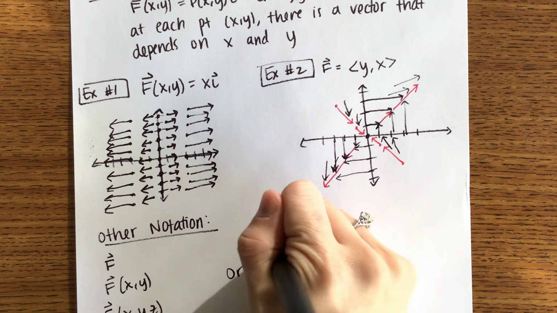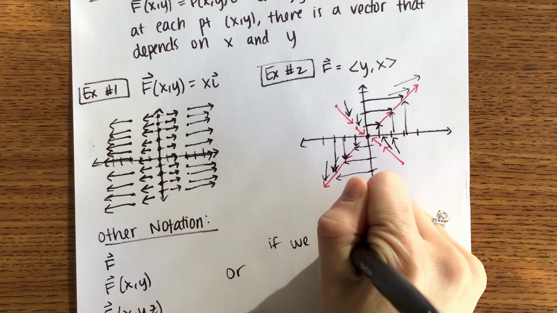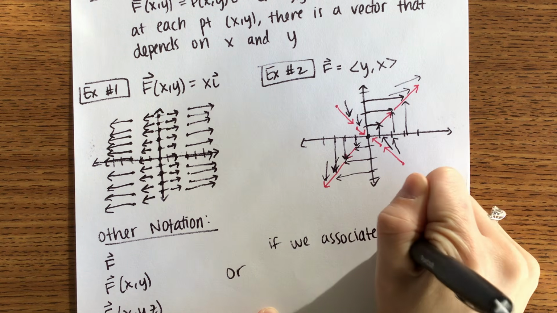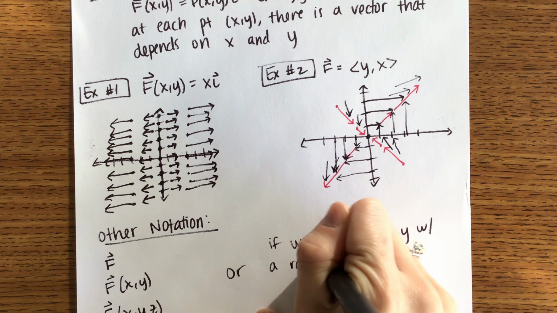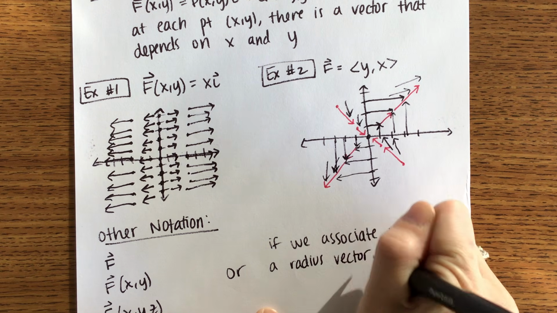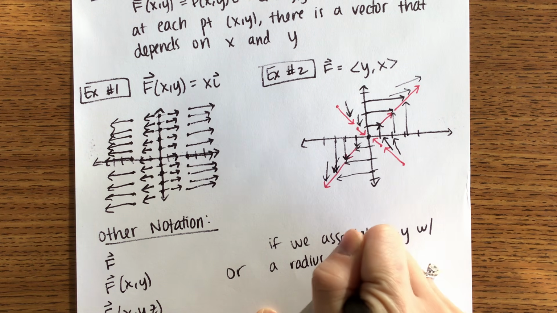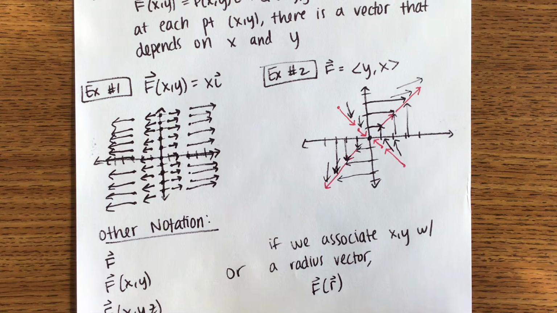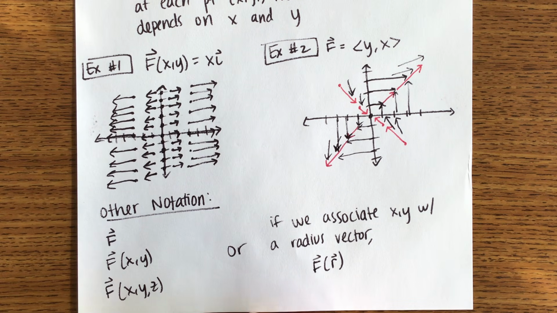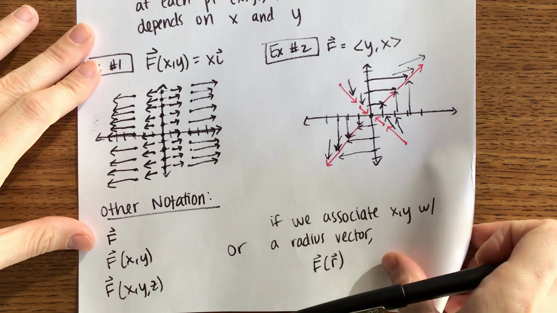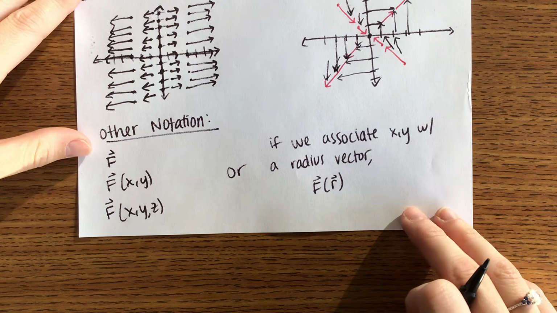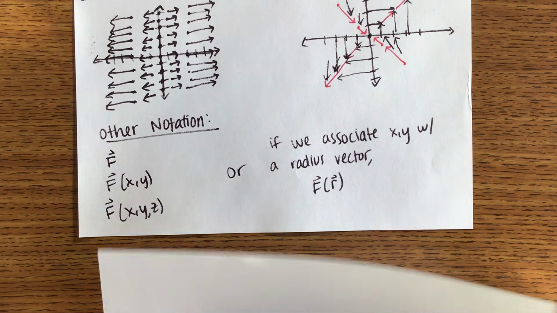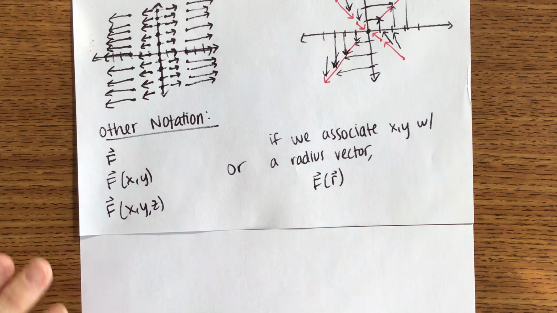Or, if we associate x and y with a radius vector, you will see F of r. I would say the ones on the left are more common. So F of r, you're not going to see a whole heck of a lot. But now you have it just in case. Okay.